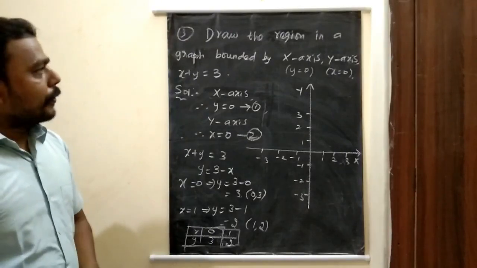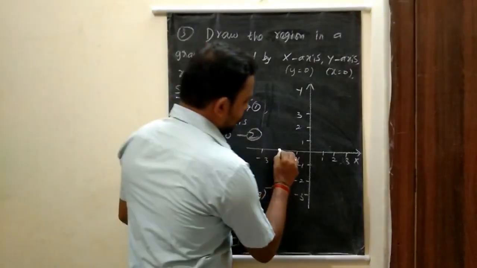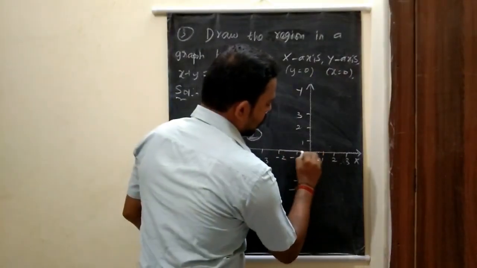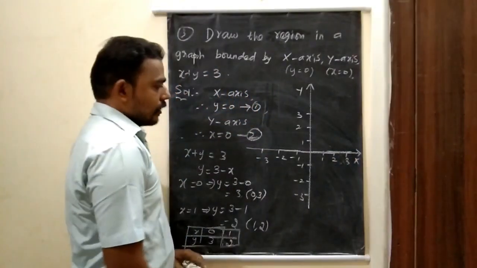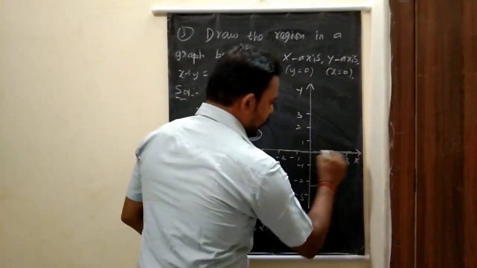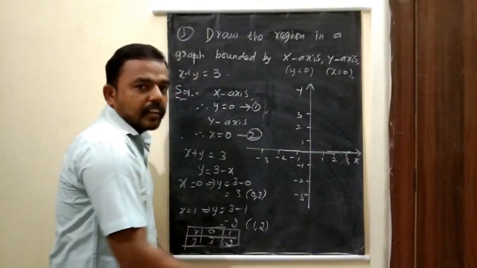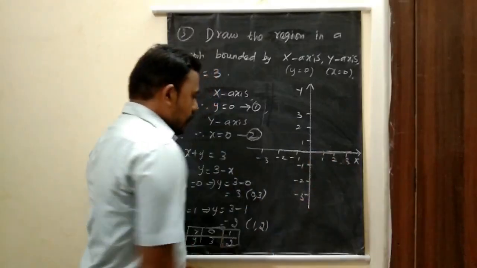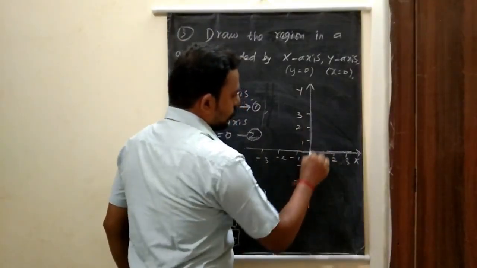For that I am going to draw the x-axis first. The x-axis means the line y equal to 0. You don't bother about what this is, just the x-axis, this is the line. Next, just draw using a pencil or any pen, any color. So here just use a different color. And the next one, the y-axis, x is equal to 0. Draw this one.